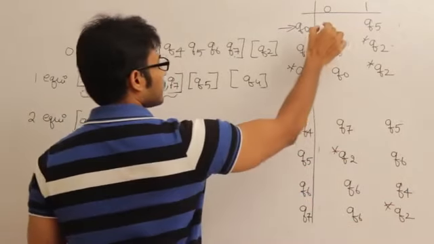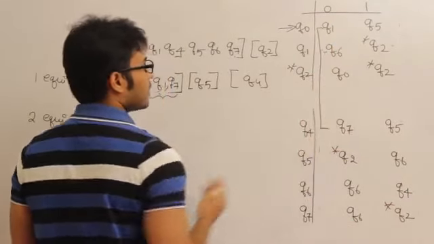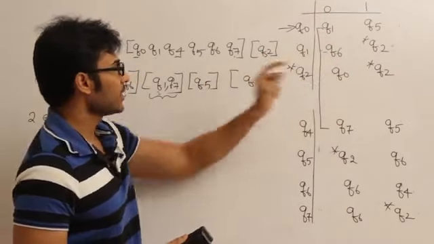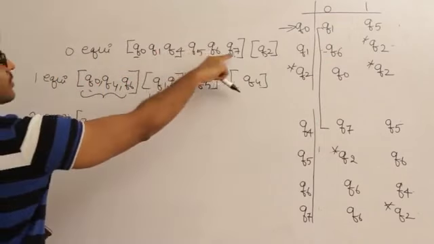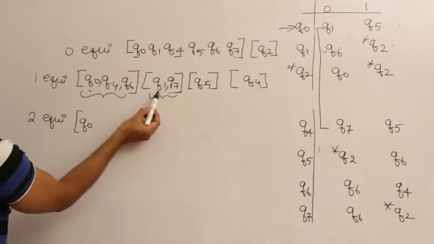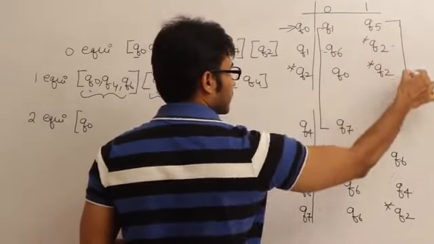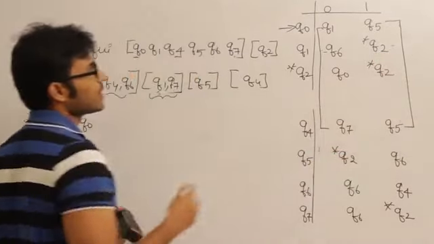Q0 and Q4, right? So if you look at them, they are going to Q1 and Q7. So Q1 and Q7 are in the same group, no problem, and Q5 and Q5 obviously the same state.